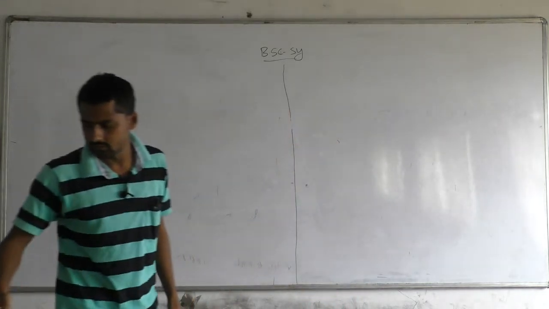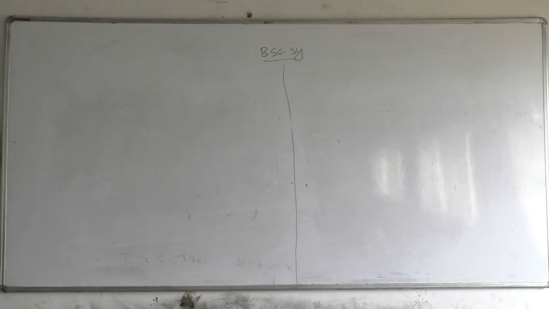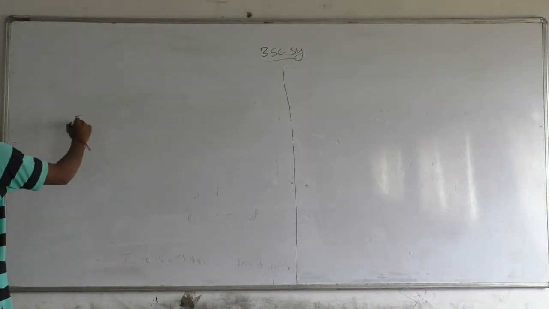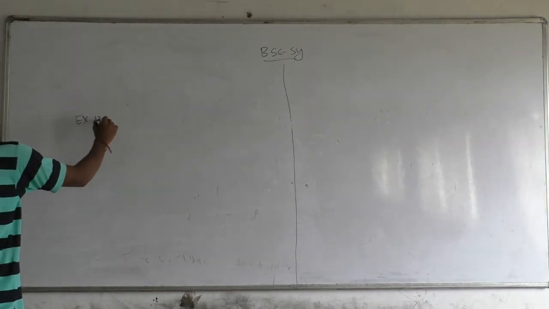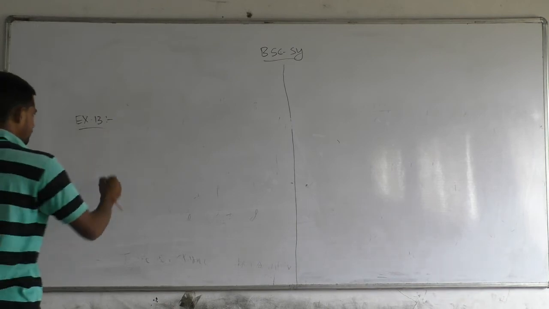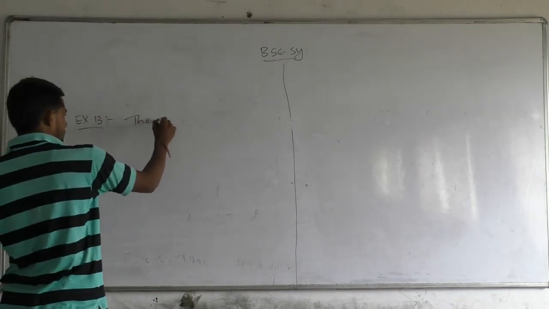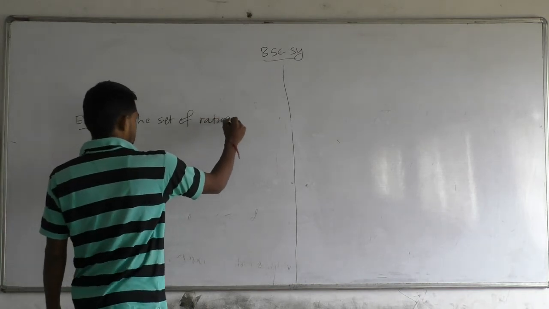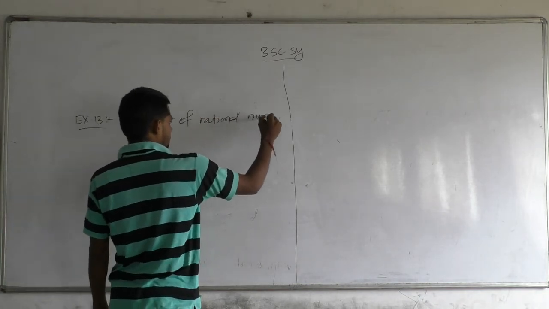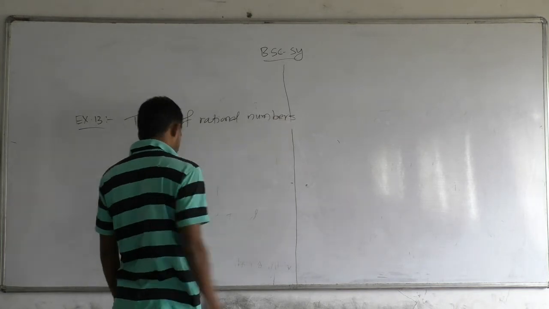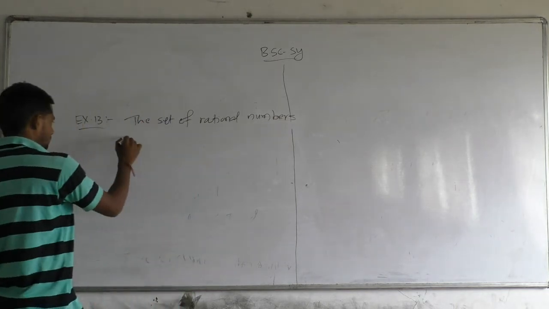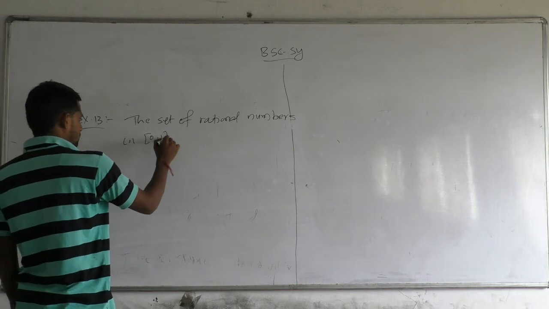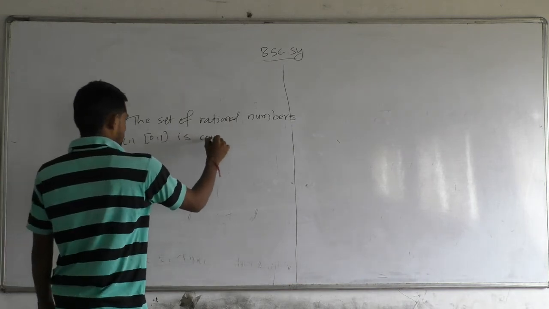Now example 30: the set of rational numbers in the closed interval 0, 1 is countable.